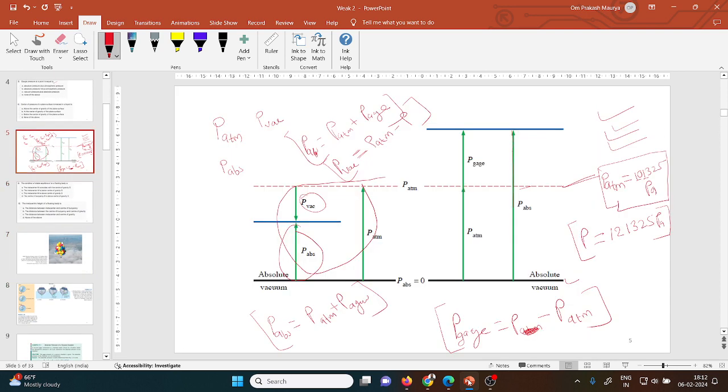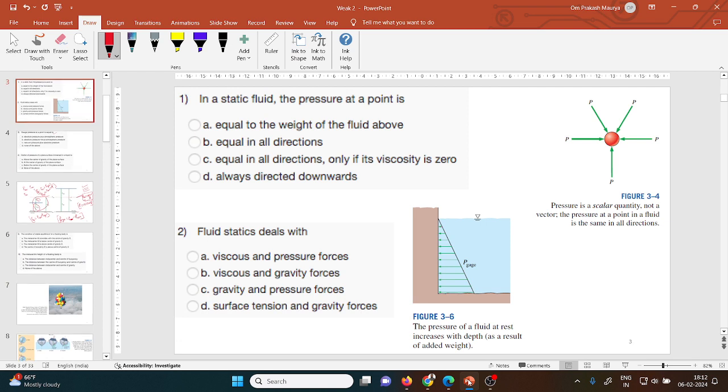Okay, before moving ahead, let us take the first question, if it is visible.